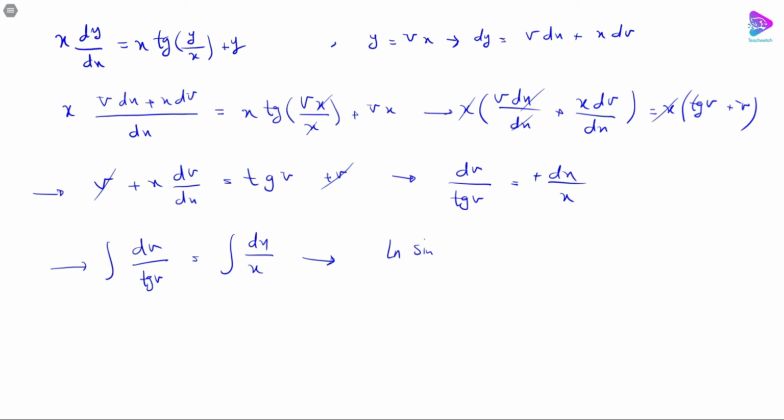This is going to be ln of sin v equal to ln cx, and then from here you can say ln of sin(y over x) equal to ln cx. So like so, we can solve homogeneous functions.